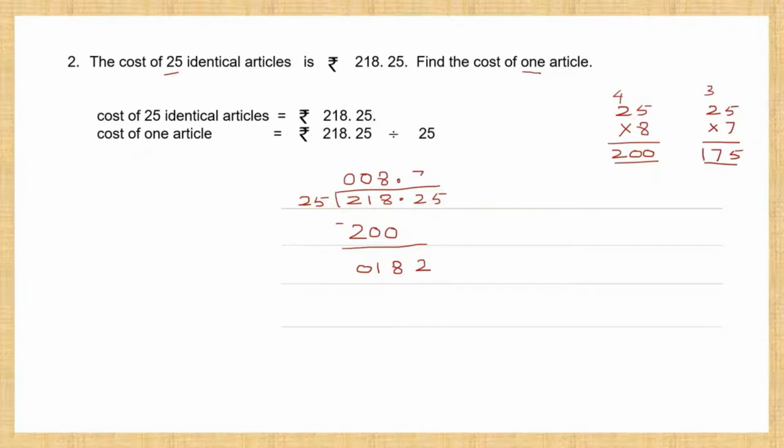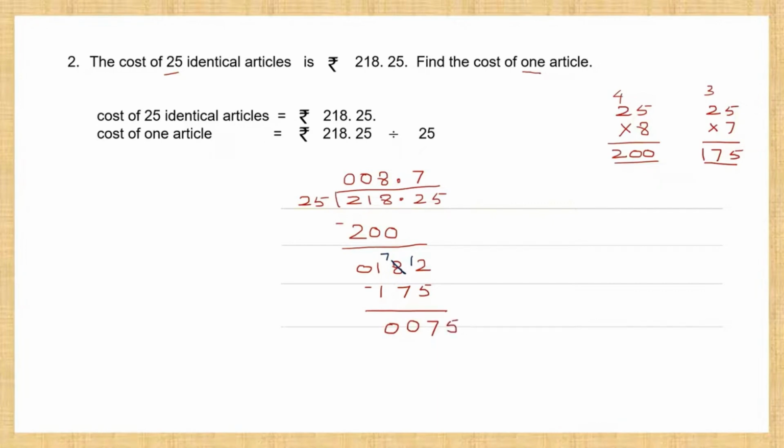So 25 into 7 is 175. So minus 2 minus 5 we cannot do, so I'm going to borrow. 12 minus 5 will be 7. 7 minus 7 is 0. 1 minus 1 is 0. Now I have the last digit to bring down, which is 5.